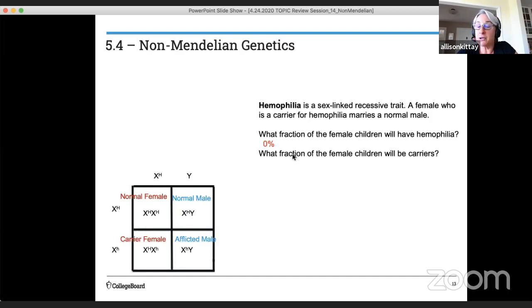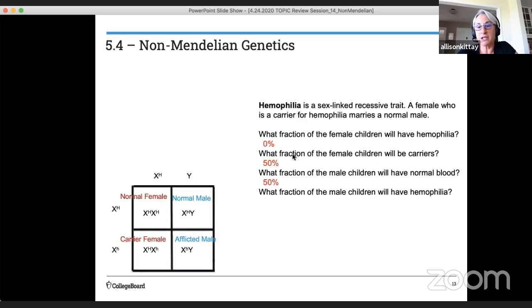What fraction of the female children will be carriers? You can look, 50% will be carriers and 50% will be normal. What fraction of the male children will have normal blood? 50%. And what fraction will have hemophilia? 50%. Okay, so again, you can do the Punnett square as usual. I always say draw it because it really makes it clear.